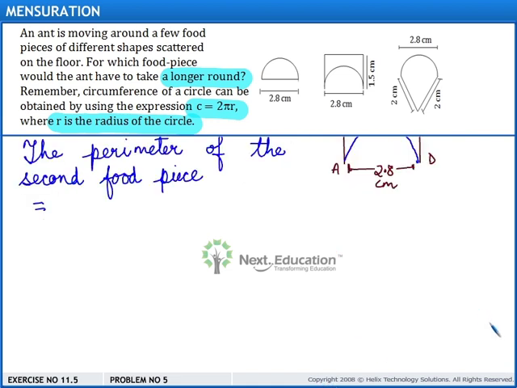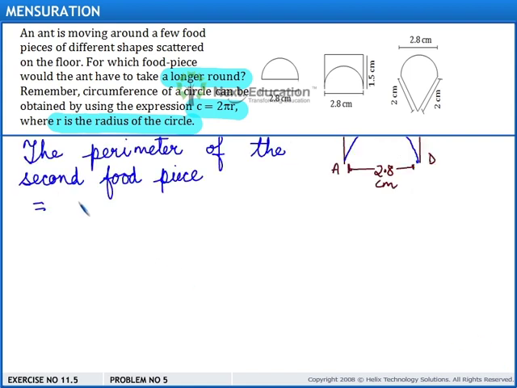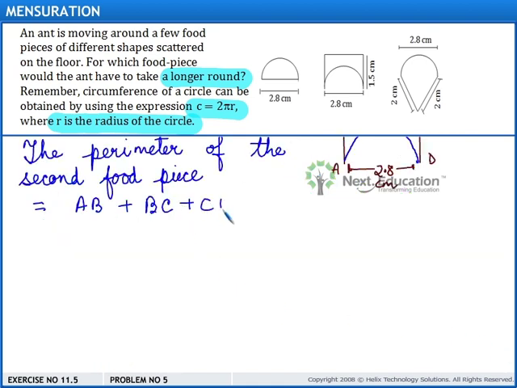The perimeter of the second foot piece would be AB plus BC plus CD plus arc AD.